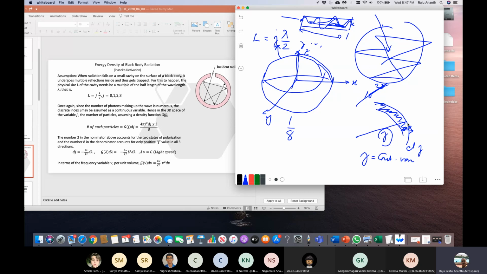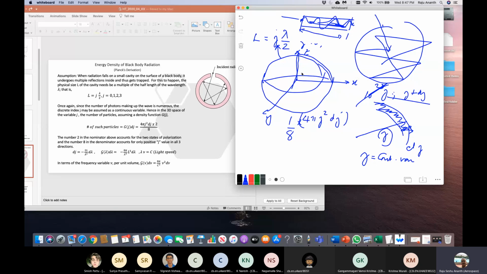So how many such particles exist in this small spherical volume between j and j plus dj? So I get 4 pi j squared dj, divided by 8, because everything has to be positive.